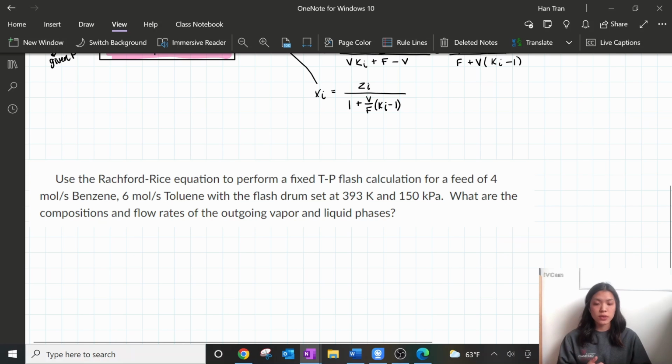We're also told that there are 4 moles of benzene per second and 6 moles of toluene per second, which gives us a total of 10 moles in the feed. 4 divided by 10 gives us 0.4 mole fraction of benzene, and 6 divided by 10 is 0.6 mole fraction of toluene. That is our given, and we are told to calculate the composition and the flow rates of the outgoing vapor and liquid phases.